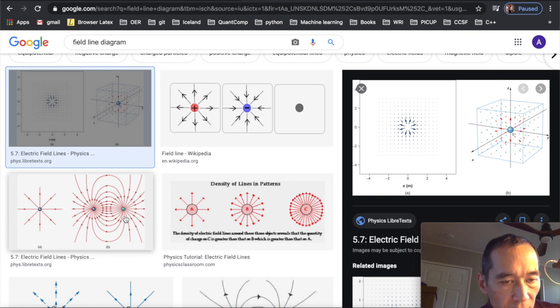This right here is the field line diagram of what's known as an electric dipole. And I'm going to describe how you come up with this field line diagram during the lecture today.